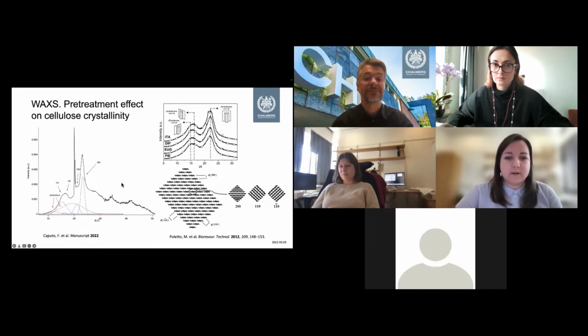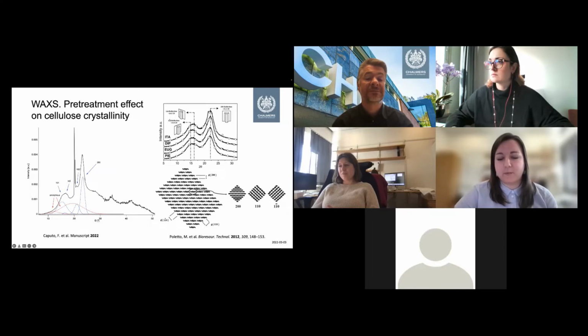So here is a very typical wide-angle X-ray scattering pattern, and this profile is very typical for cellulose. So there are different crystalline planes that are measured, and this is a spectrum containing different crystalline planes from the cellulose structure.